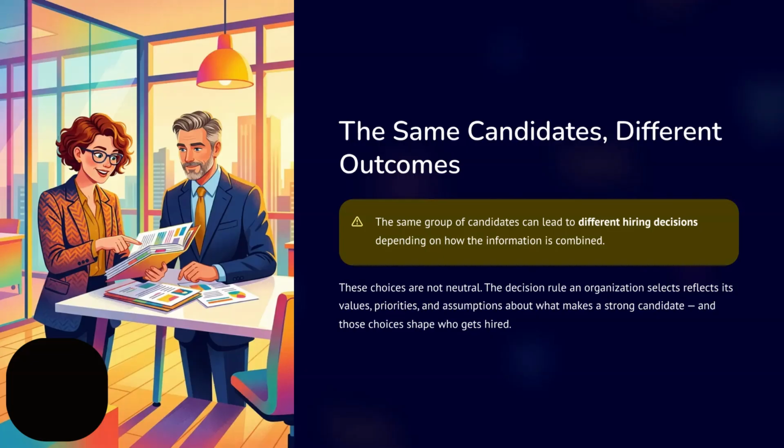A candidate who is selected under a compensatory approach might be eliminated under a cutoff model. The candidate who ranks second overall might be selected in one organization, but not in another that uses stricter thresholds. So the decision rule doesn't just organize information, it actively shapes who is chosen.